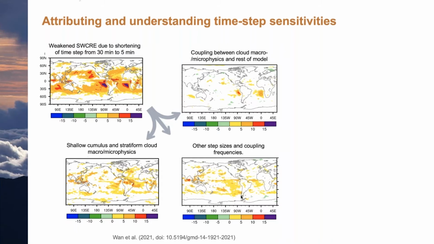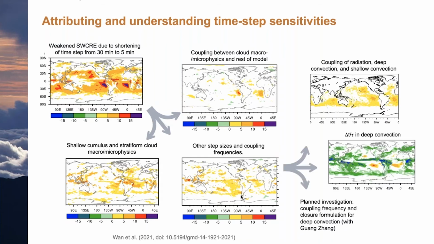Since then, we have done some further decomposition of the time stepping error, looking into things related to convection, especially deep convection, shallow convection, and things around deep convection. We have done some further work and also have come up with some new hypotheses that will need to be tested in the next months.